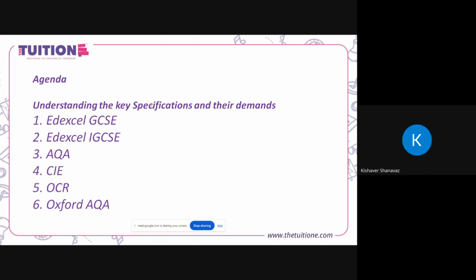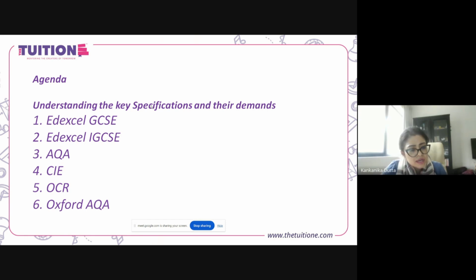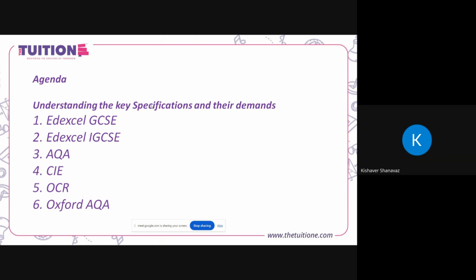I'm teaching GCSE Edexcel, and I found that mostly they focus on writing skills when compared to CBSE. But if you are doing Edexcel GCSE, the paper has equal weightage to reading as well as writing, and comprehension passages also.